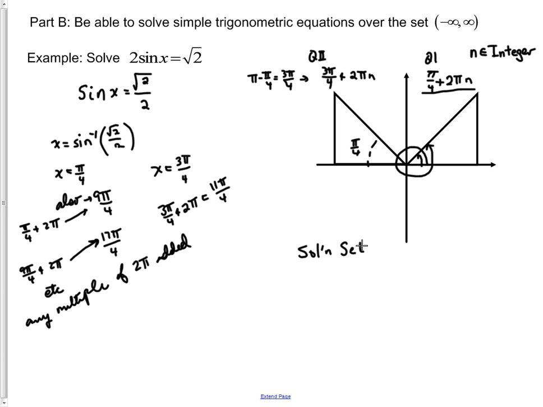It'll be the set of values such that we can take pi over 4 and add any whole number multiple of 2 pi n, and 3 pi over 4 plus any whole number multiple of 2 pi, which we write as 2 pi n, as long as we recognize that n is an integer.